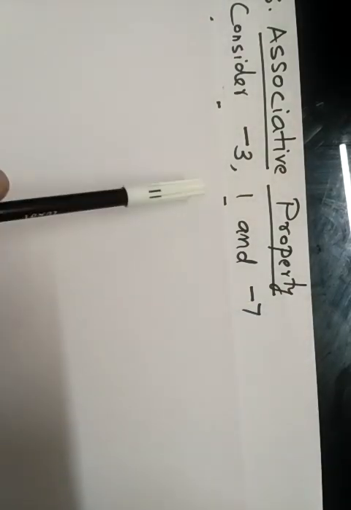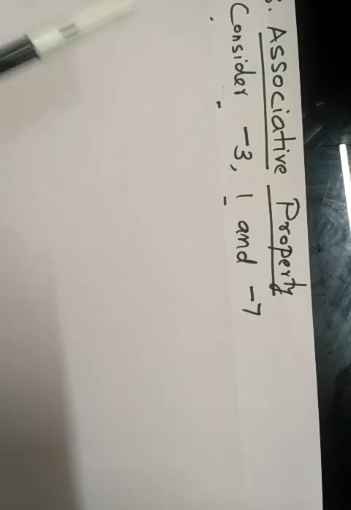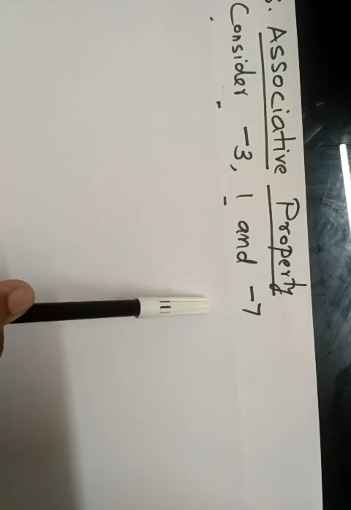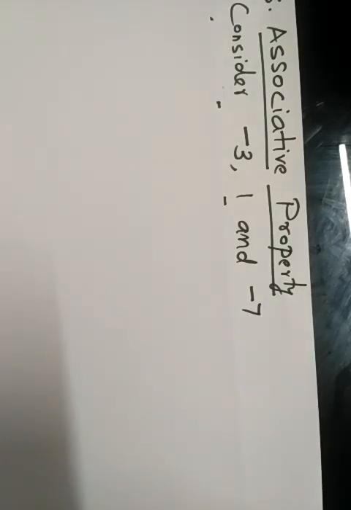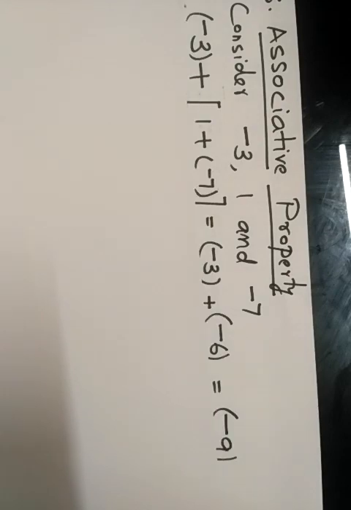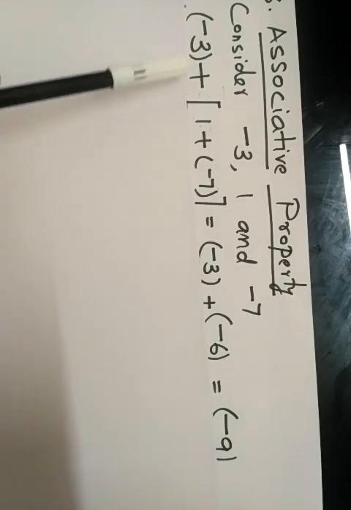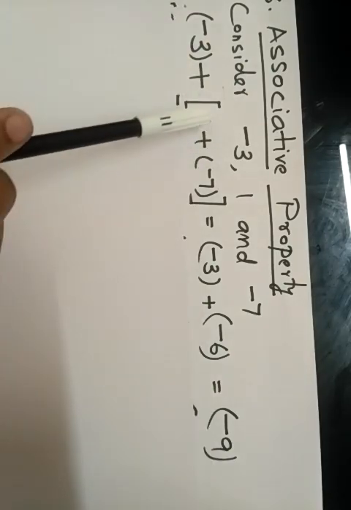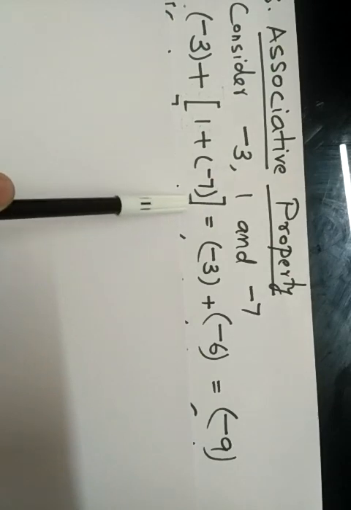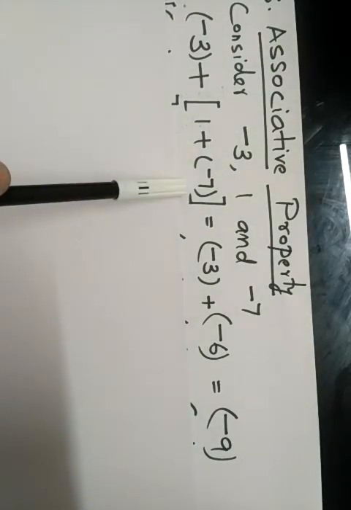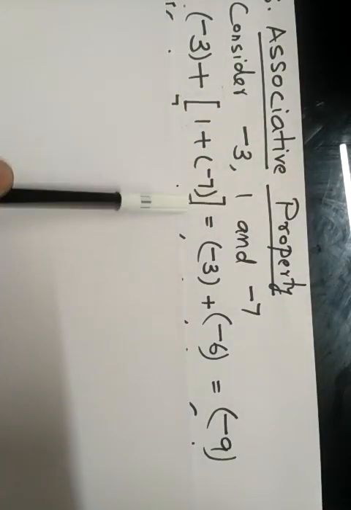First we will add any two, and to the sum we will add the third one, correct? We cannot add all the three together. First we have to add two, then the third one to it. So here we are making a group first: minus 3 plus the group of 1 plus minus 7. What is the meaning of this bracket?